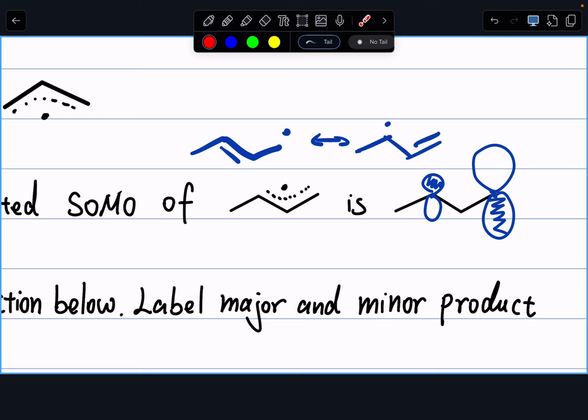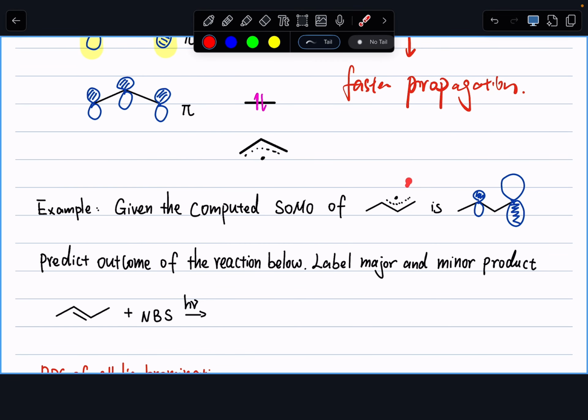That's why I'm highlighting the molecular orbital picture, because resonance doesn't always work. Looking at the molecular orbital of this linear allylic molecule, we see there is a greater lobe on the terminal carbon, hinting that the terminal carbon will have larger spin density.